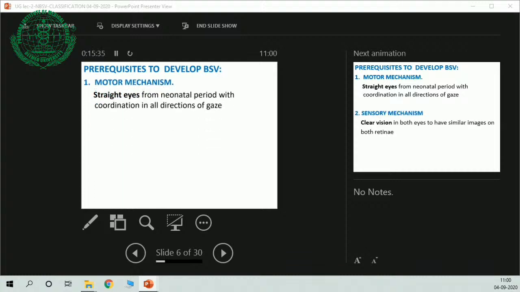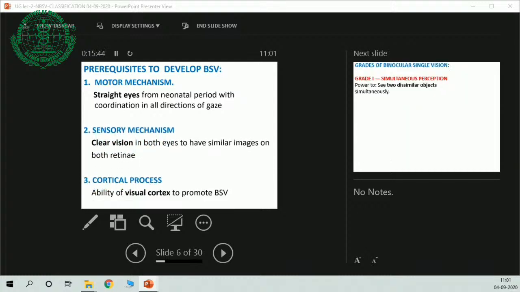To be methodical, one is the motor mechanism, another is the sensory mechanism, and third is the cortical process. All these three mechanisms have to be perfect, then only is binocular single vision possible.